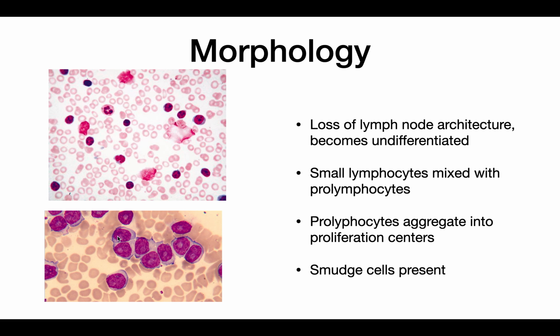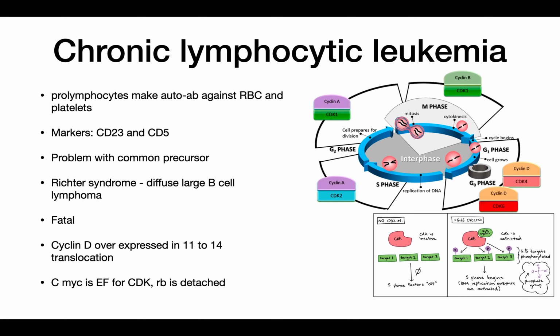These prolymphocytes will accumulate in nests as well, or proliferation centers. The prolymphocytes will make the autoantibody against the red blood cells and the platelets, and the markers would be CD23 and CD5. So it's involving both the precursor and the mature T cells.